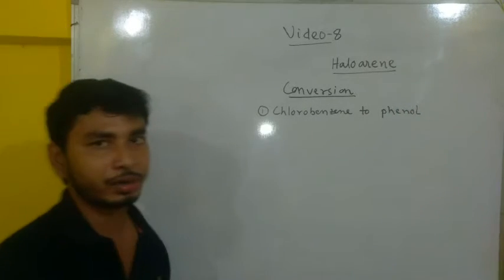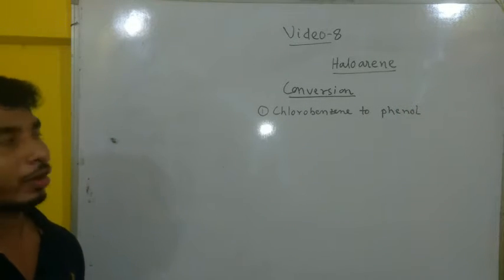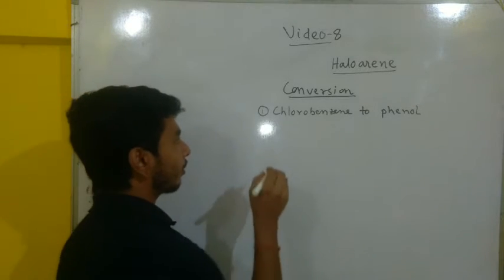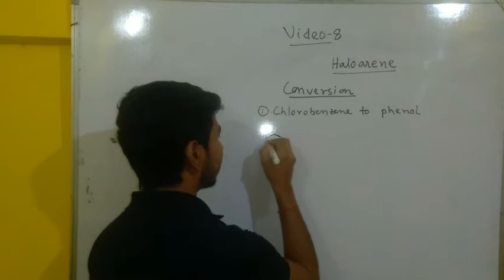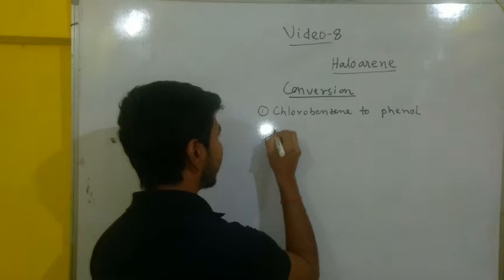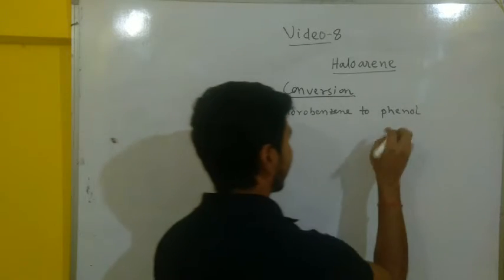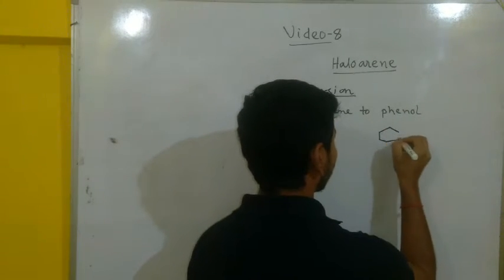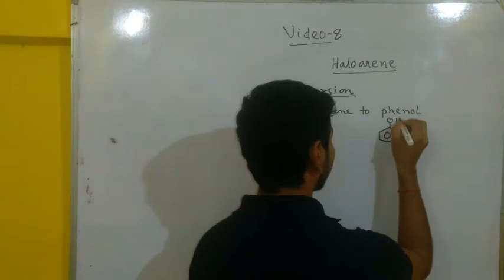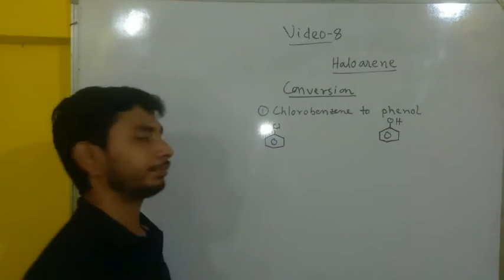We have to convert chlorobenzene to phenol. How can we convert it? Benzene with Cl is chlorobenzene. Benzene with an OH group is called phenol.